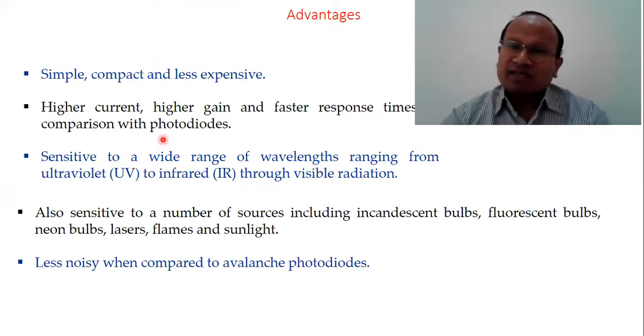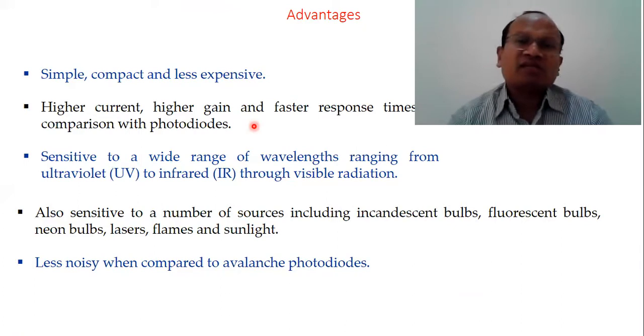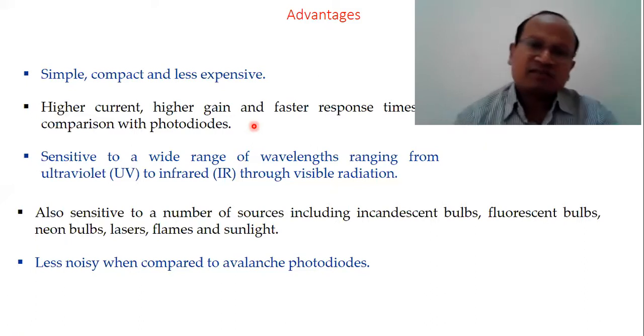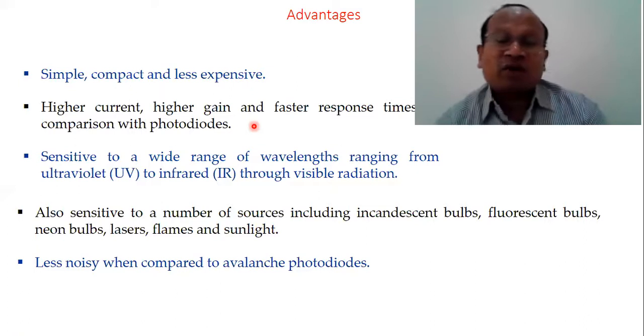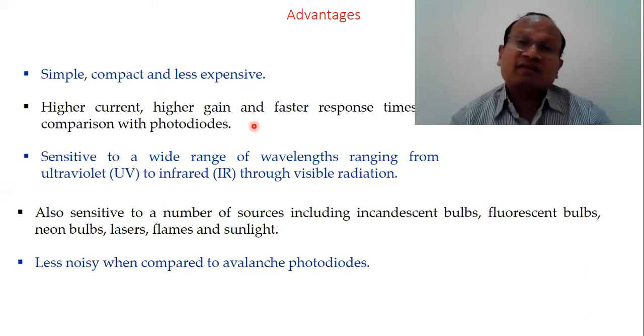It has higher current, higher gain, and fast response time in comparison with the photodiode. The photodiode is also considered a good optical detector, but there is one drawback associated with it: its response time is larger than what is required in a phototransistor. So the response time to the optical power or light signal is slightly slow.